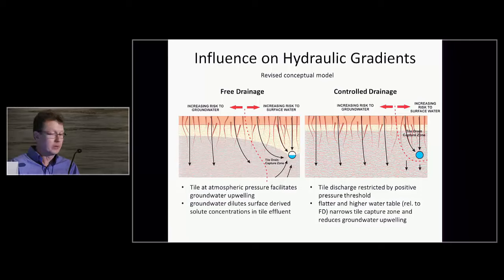Now we've added a groundwater component to the free drainage scenario, and what the model really allowed us to do was highlight the importance of this shallow groundwater upwelling in the free drainage scenario that acted to dilute the solute concentrations, whereas in the controlled drainage scenario we have a uniform downward movement of nutrients and the tracer that is largely a function of holding that water table higher.